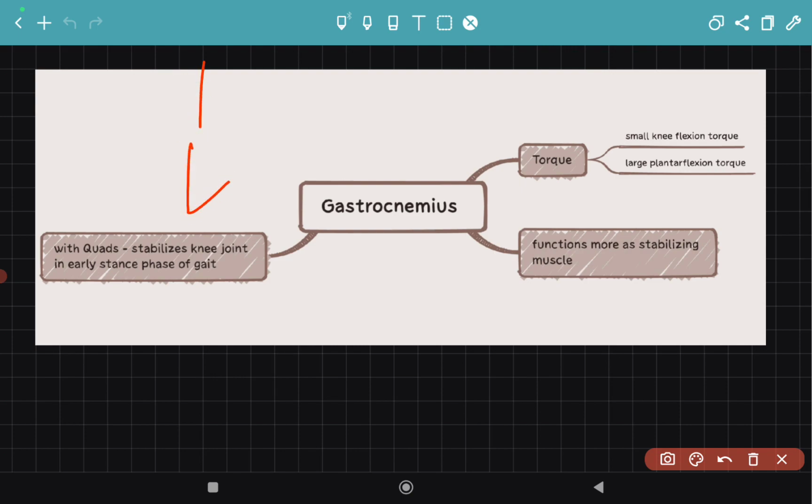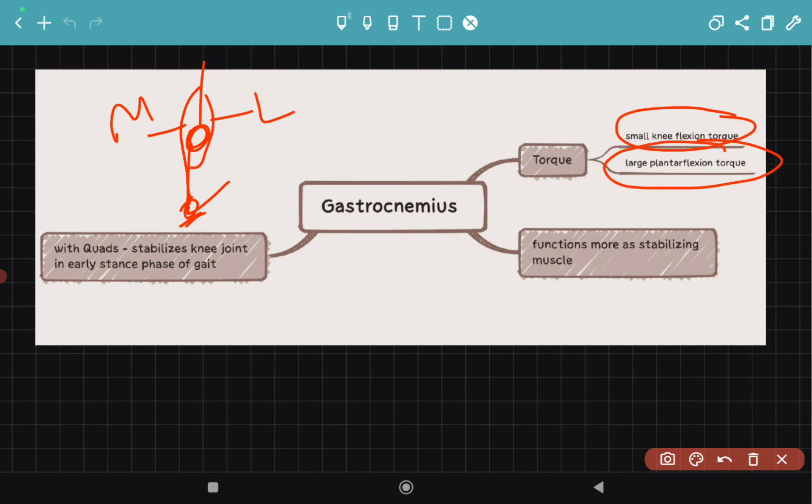We know this basic concept. At the knee joint, the gastrocnemius provides small knee flexion torque during knee flexion, and at the ankle, it provides large plantar flexion torque.